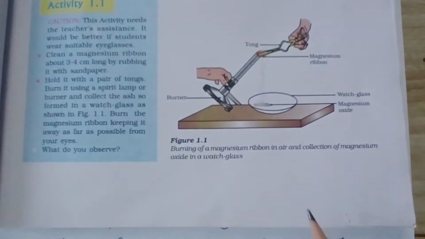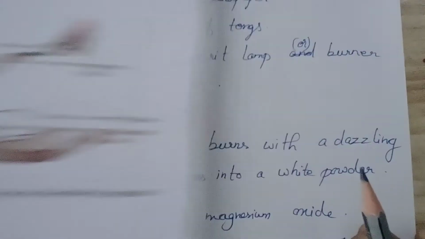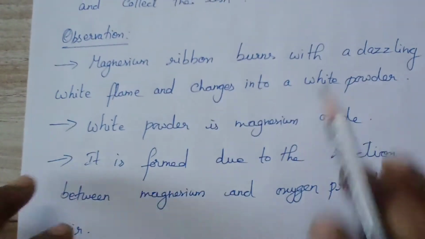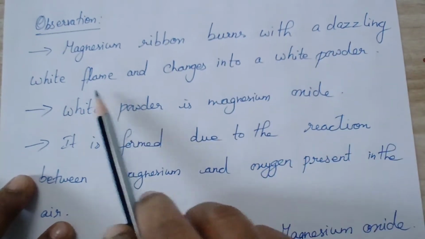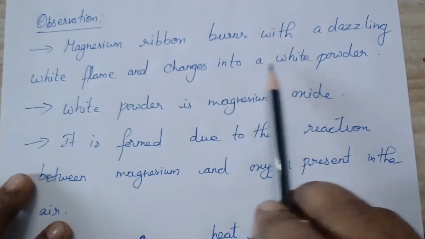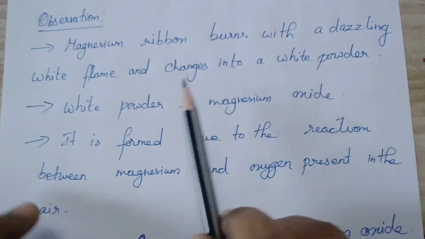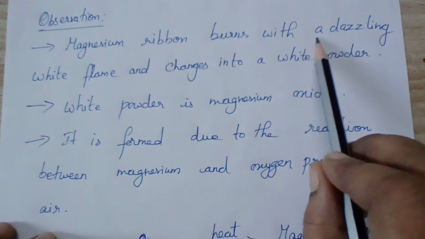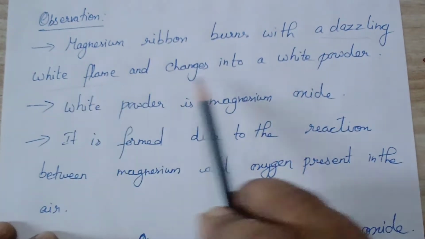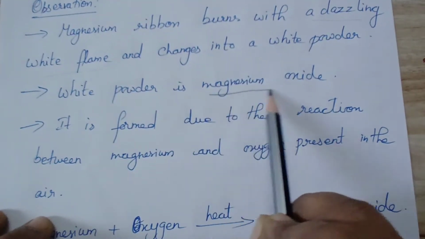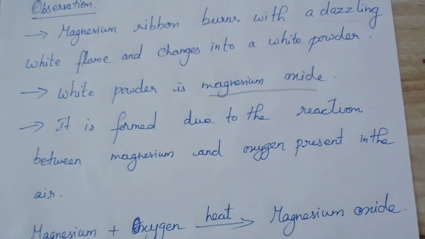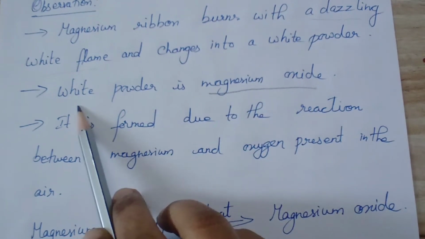What do you observe? The magnesium ribbon burns with a dazzling white flame and changes into white powder. That white powder is called magnesium oxide. What is the color of magnesium oxide? White.